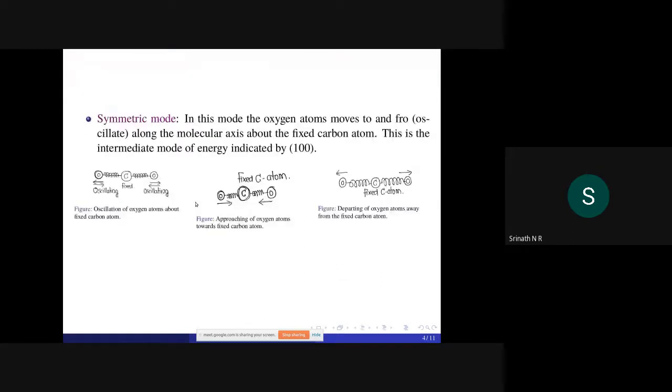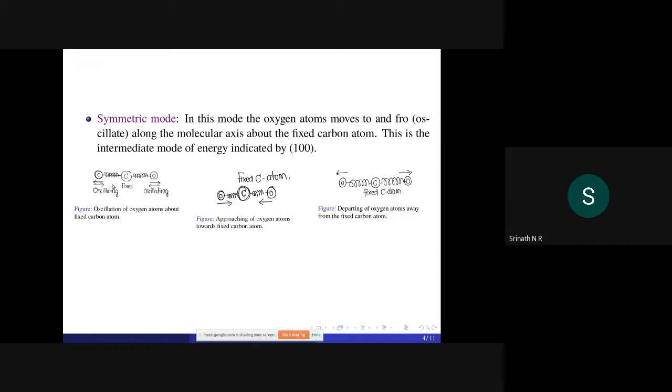Next, symmetric mode. In this mode, only oxygen atoms will oscillate, whereas the carbon atom remains fixed. Both the oxygen atoms oscillate about a fixed carbon atom along the molecular axis.